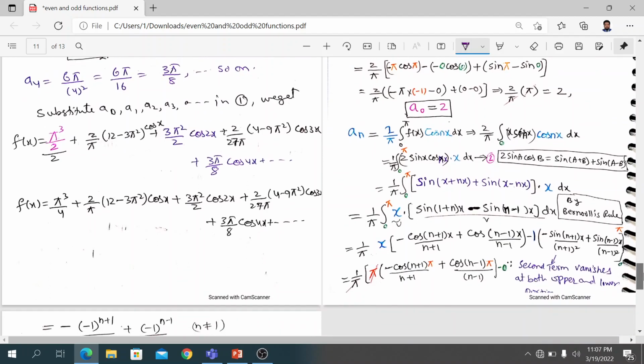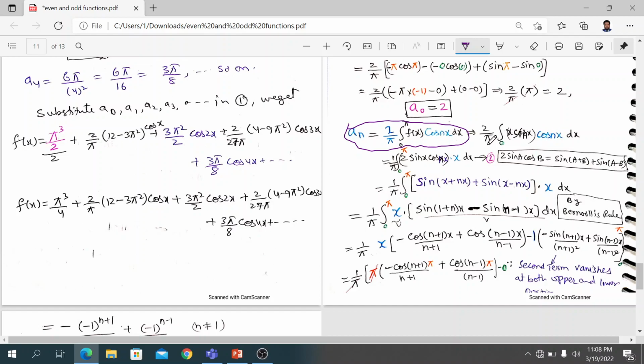Now let us see an. So the an formula is this one. An is equal to 2 by pi integration 0 to pi f of x cos nx. What is f of x? x sin x, cos nx as it is.